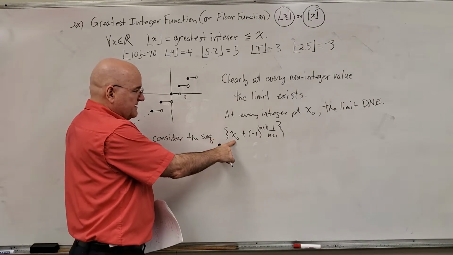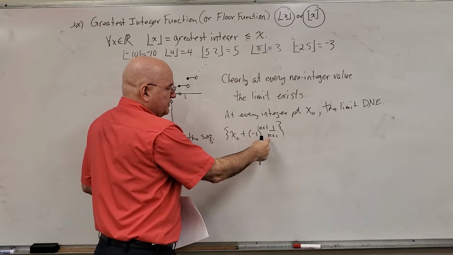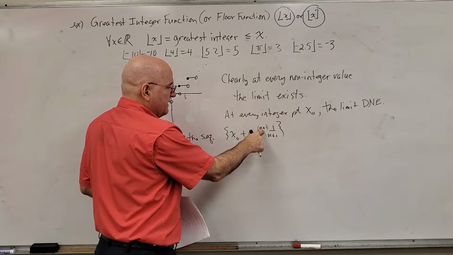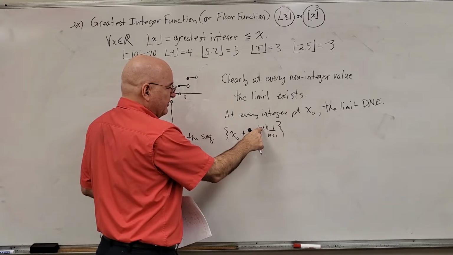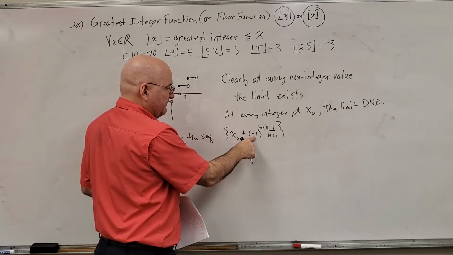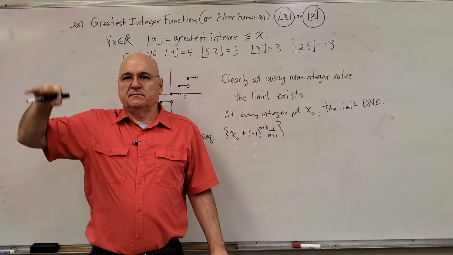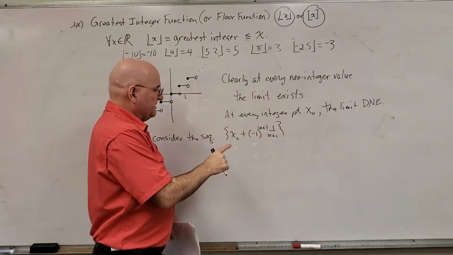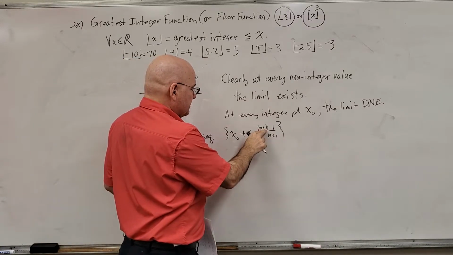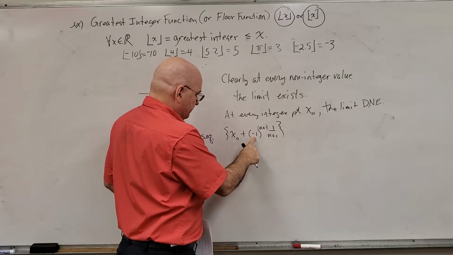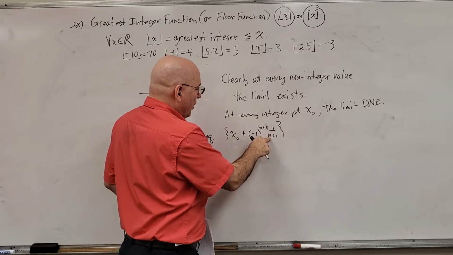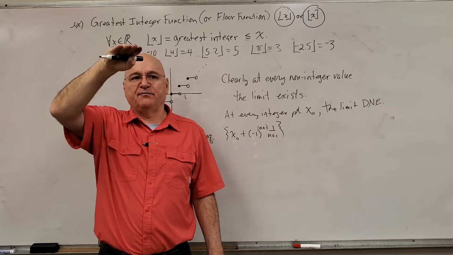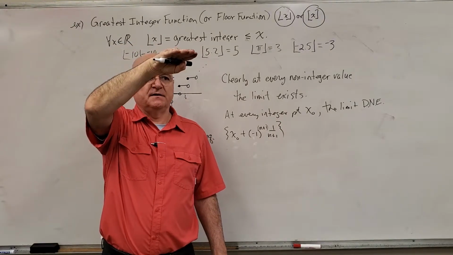So if we ignore the x0 part for a second, this is an alternating positive-negative sequence, right? Because as n goes up by 1, -1 to an even power is 1, -1 to an odd power is -1. When n is 1, that would be squared, so it's going to be a positive 1/2. So it's going to go positive 1/2, negative 1/3, positive 1/4, negative 1/5, positive 1/6, negative 1/7, and so on.